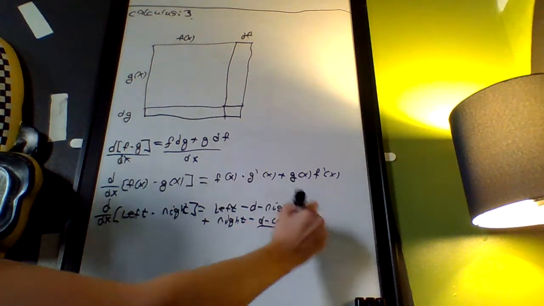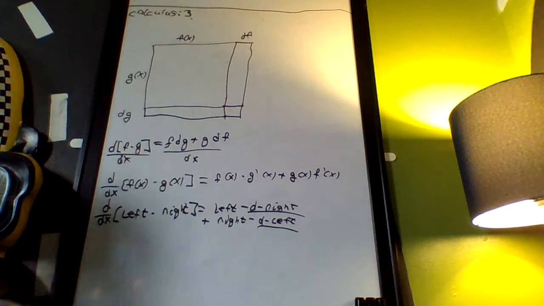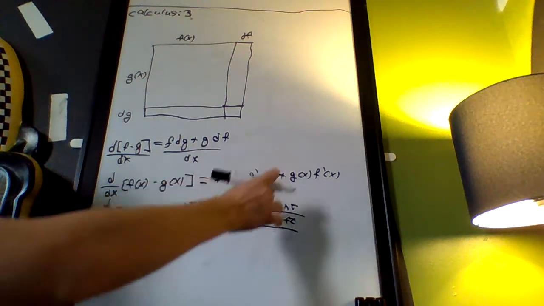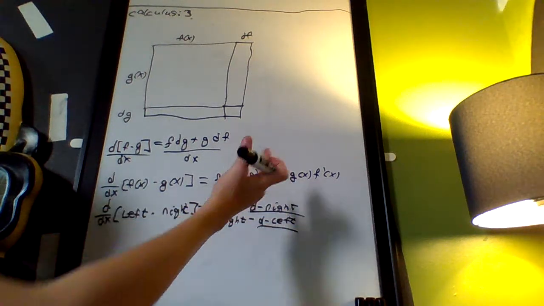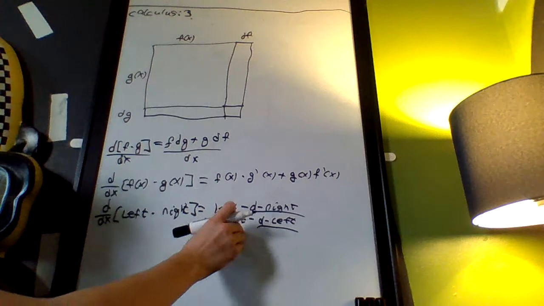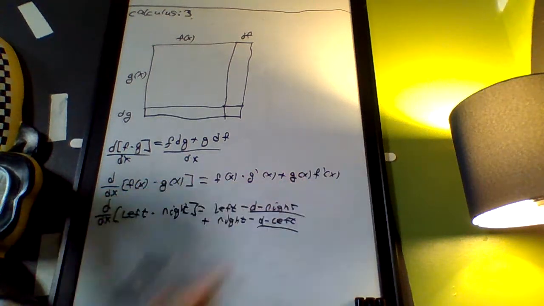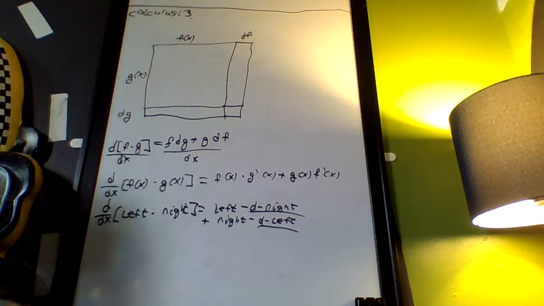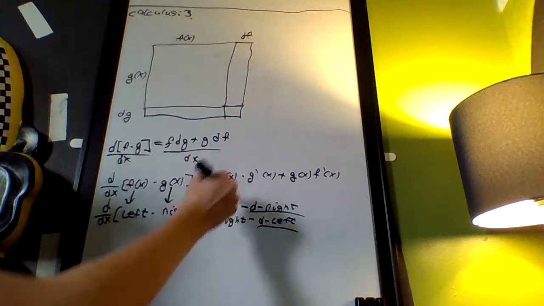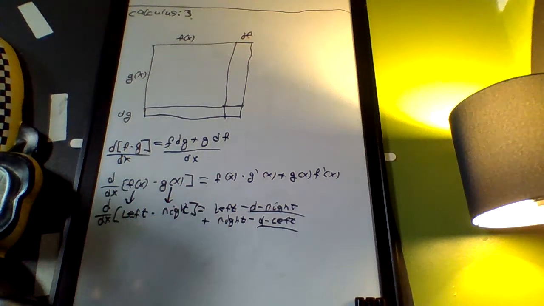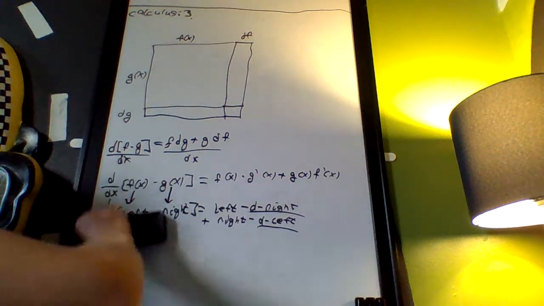Well, right here is d left, right here is d right, and by that I mean the derivative. So left, f of x, times the derivative of the right, g of x, g prime of x, plus right, g of x, times d left, f prime of x. Okay? So there's like a mapping right there. Okay? That's what I'm talking about when I say this. So what does any of this mean?